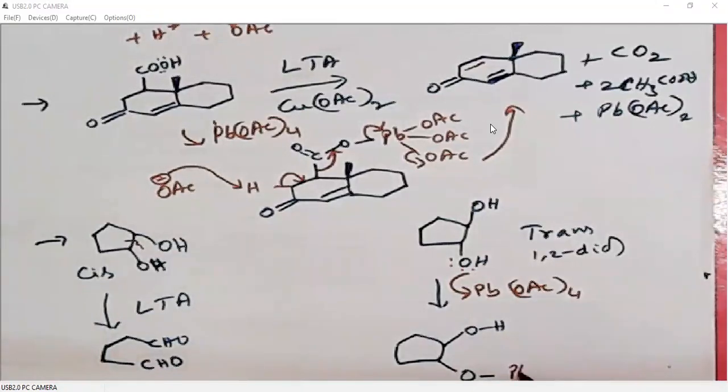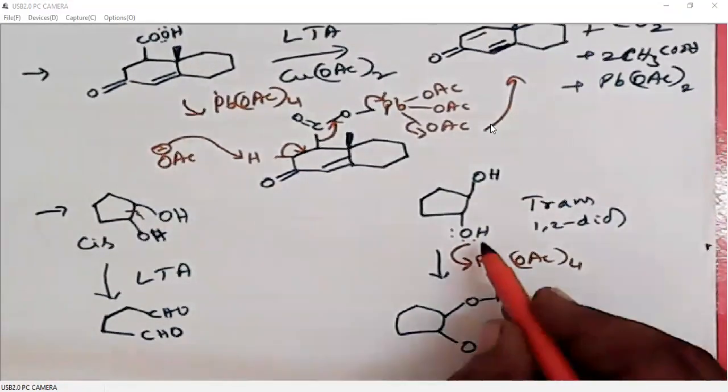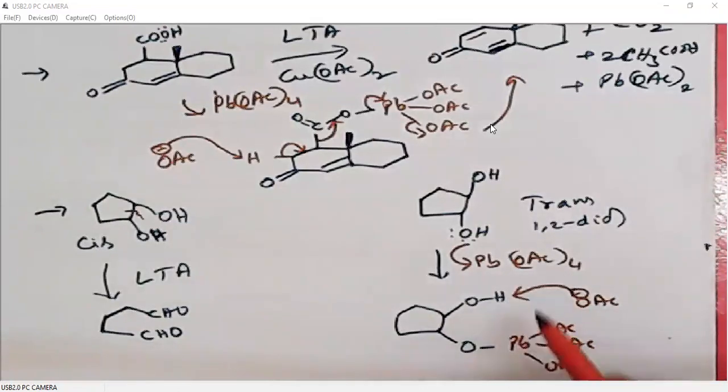See, lead, OAc, OAc. Then we take out this proton and one more OAc. This OAc minus will pick up this proton. So this oxygen-hydrogen bonding pair will be polarized to generate a carbon-oxygen double bond.